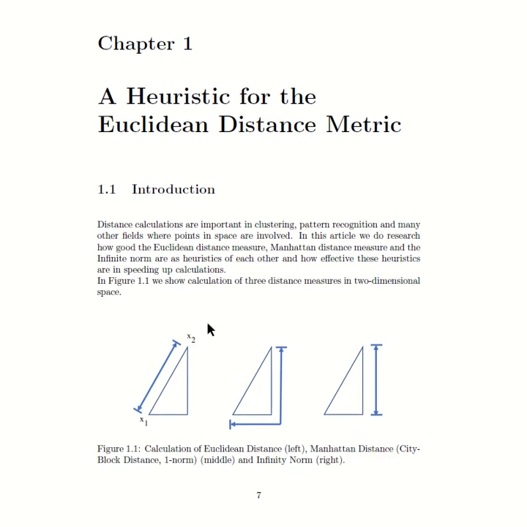And first paper is about distance metrics, and very commonly used distance metric is Euclidean distance. Here we see that Euclidean distance is, let's say, the normal distance between 2 points in space.